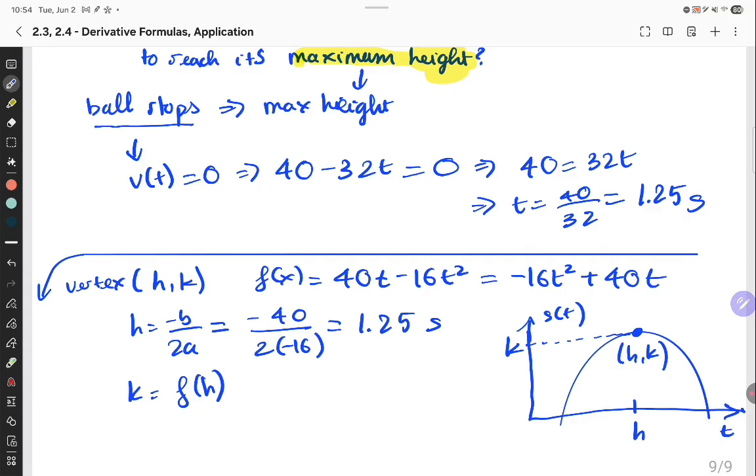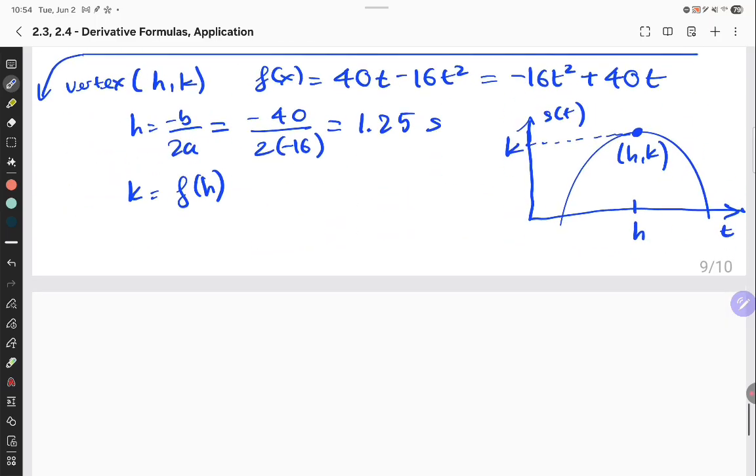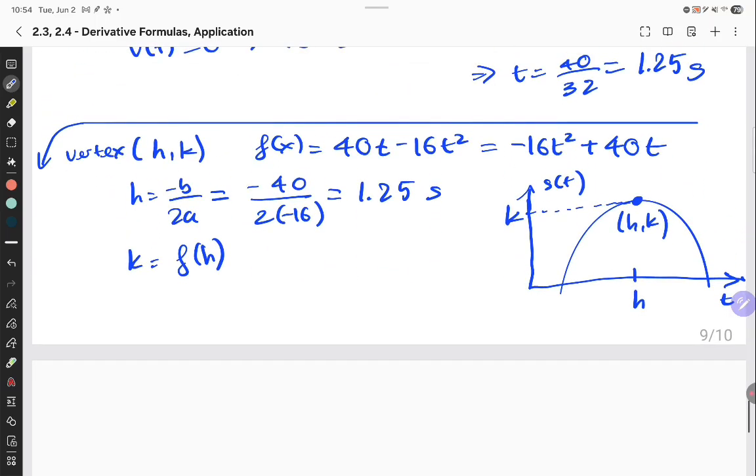That is the vertex, H and K. H right here is the time when they get to the maximum height. Then if I keep going with this vertex, I find K by using f of H.